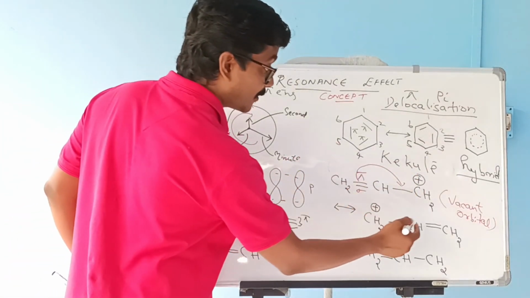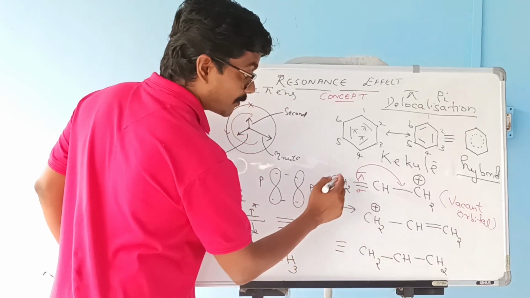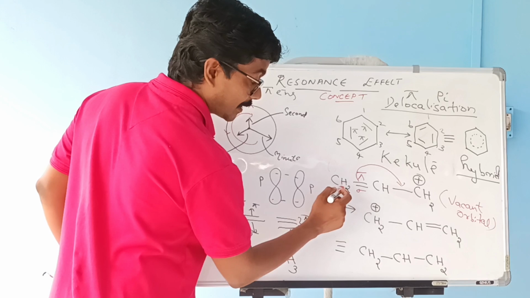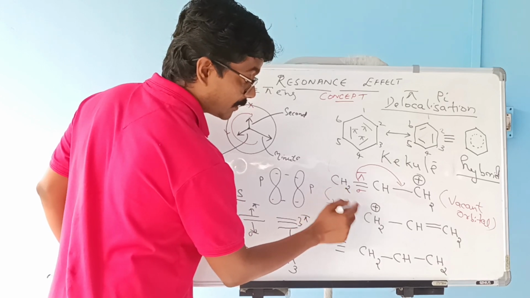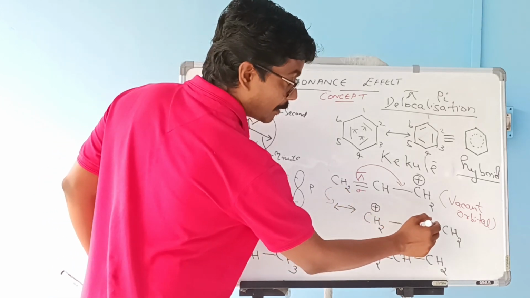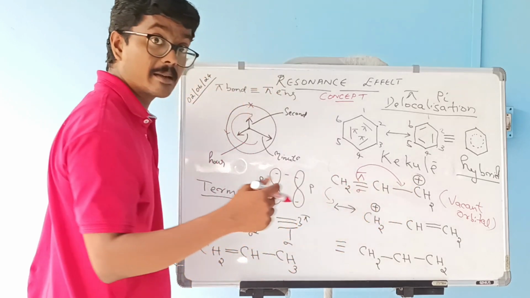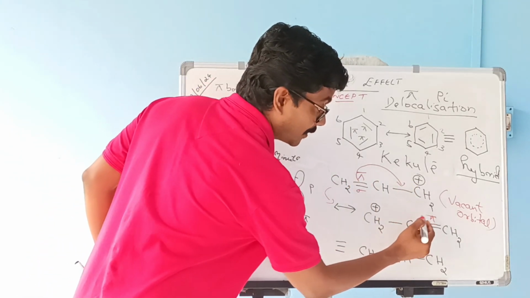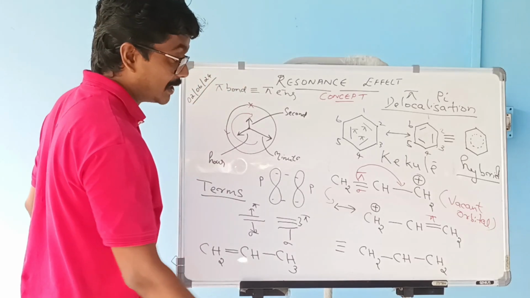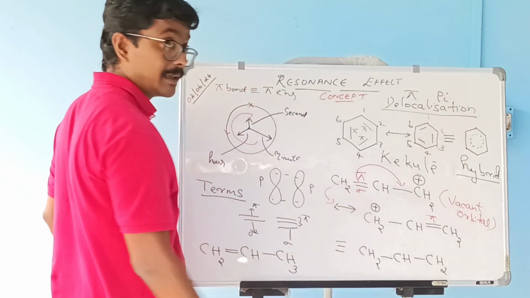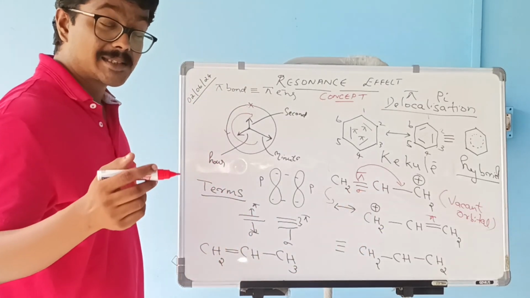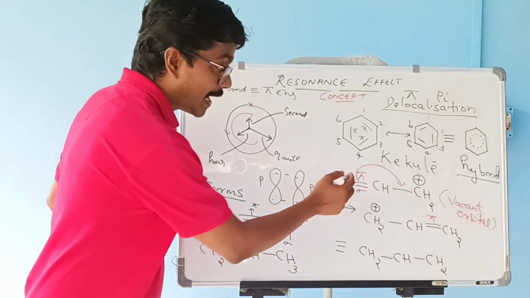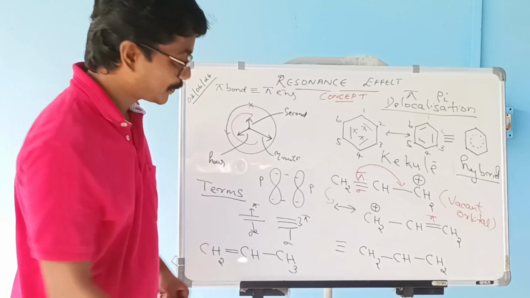As a result, the first carbon will carry a positive charge and a double bond. The vacant orbital will get filled by the pi electrons and a double bond will come there. So these two are the resonating structures, canonical structures or resonance structures of the allyl carbocation.